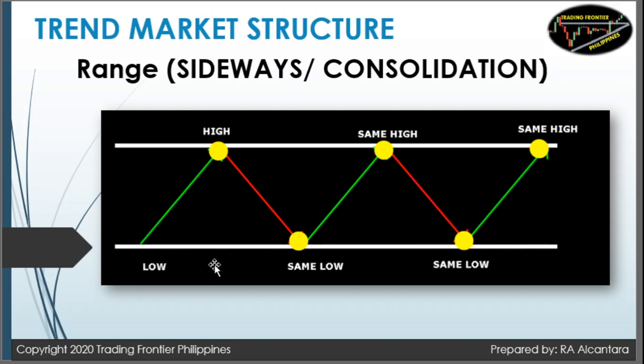But of course, sa actual charts, meron kayong makikitang mga wicks or some candles na, of course, hindi naman laging super pantayan. But the idea is, normally, pag nakakita ka ng consolidation, it is a ranging market. Diba?